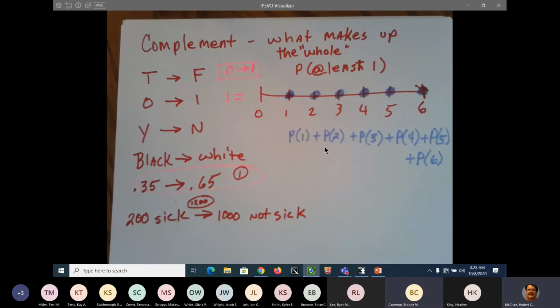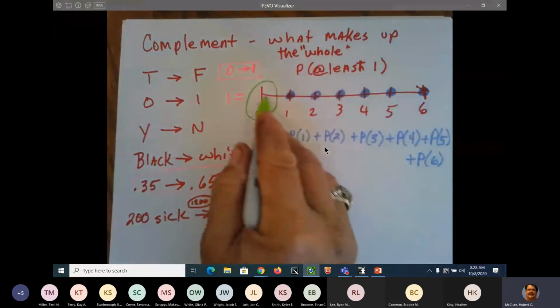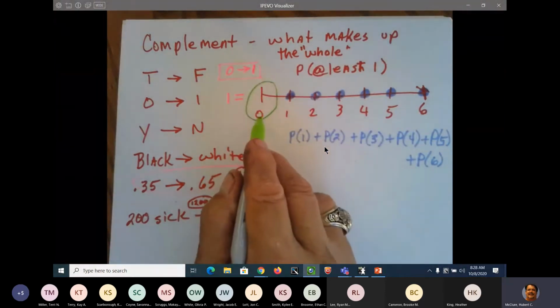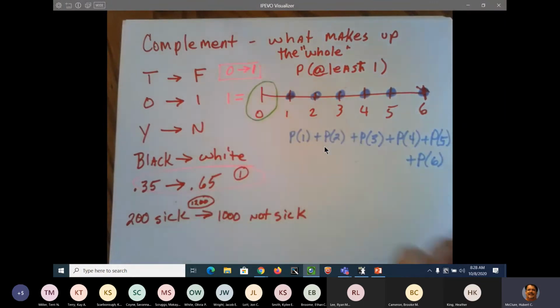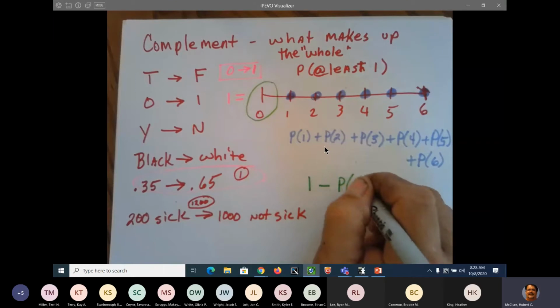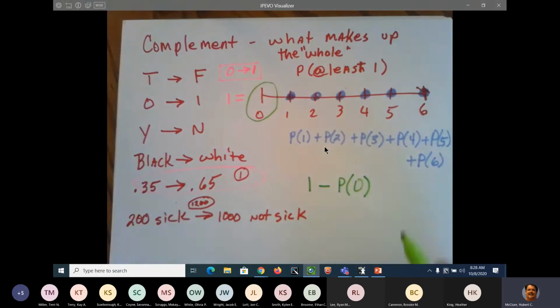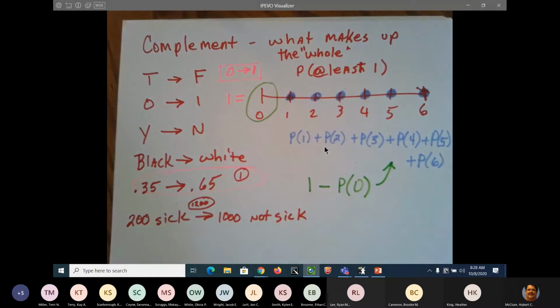There you go. There's only one event here. So if I took 1 and subtracted the probability of 0, then that would give me what I'm asking for.